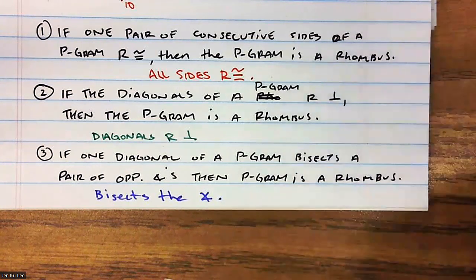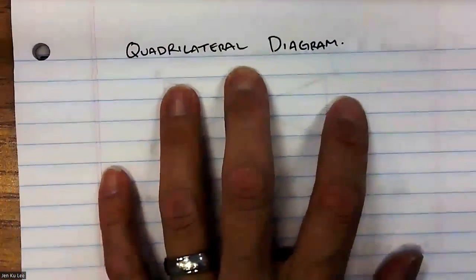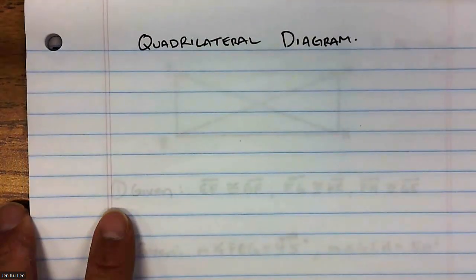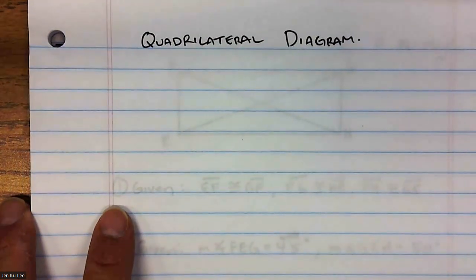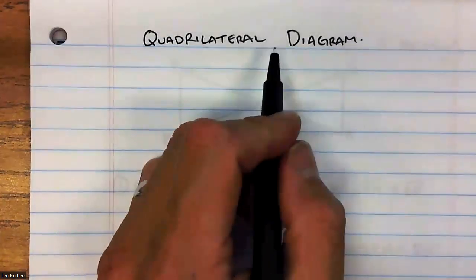All right. The next part of this, I'm going to try and make a Venn diagram. Not a Venn diagram, but just a diagram itself. It's called the quadrilateral diagram. Okay?